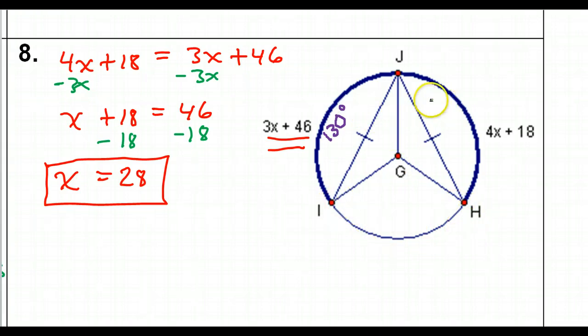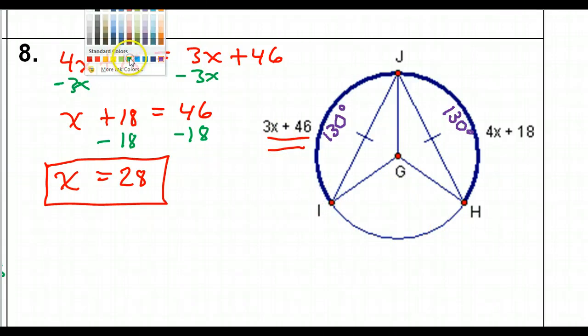But first, let's observe that these two arcs are the same. That's how we solved this problem in the first place. So if this arc is 130 degrees, that means this arc is also 130 degrees. Those are the same. Now the only thing left is this arc down here.